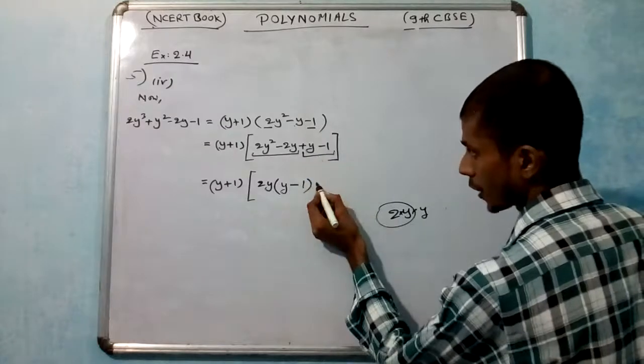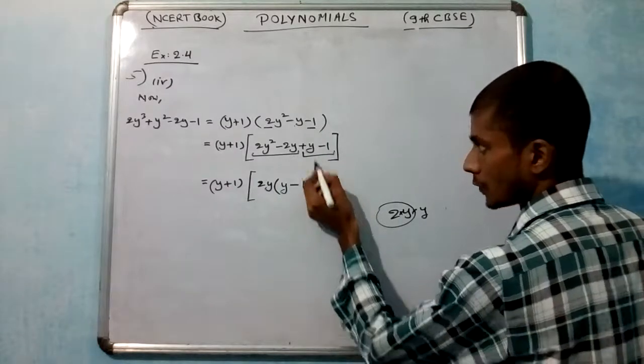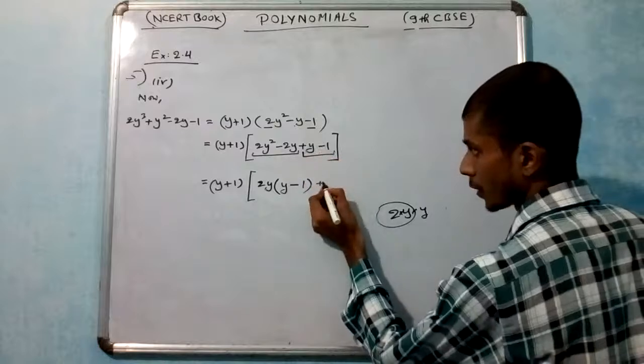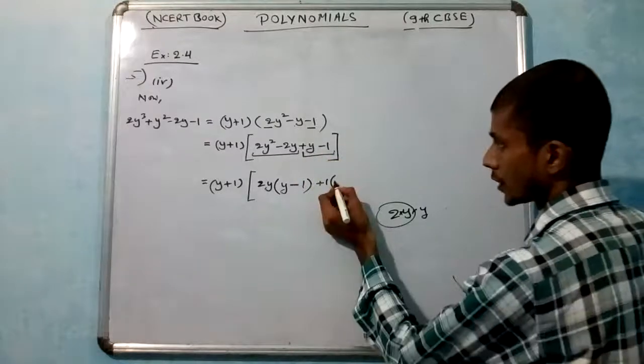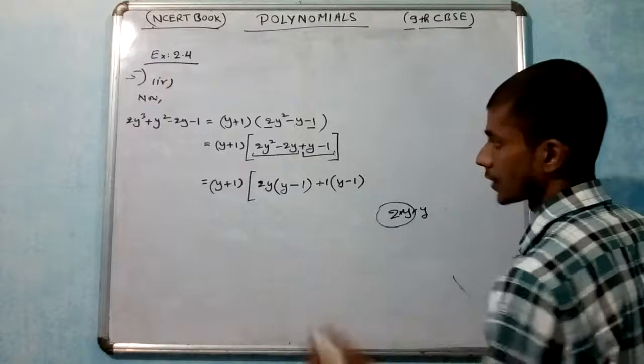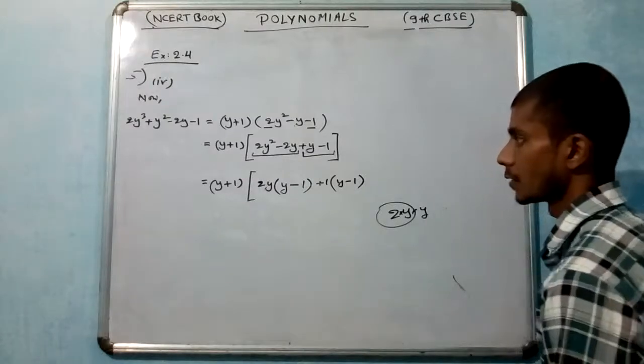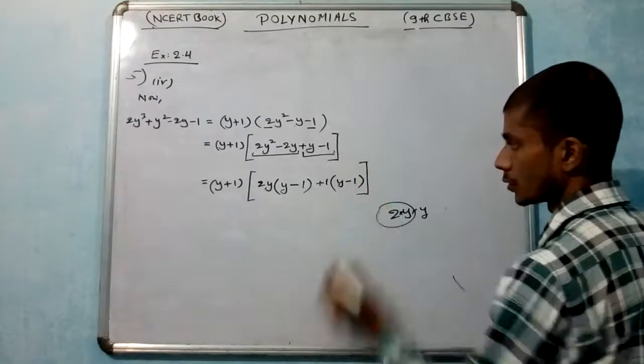If the signs are different, we take minus 1 outside as common. If the signs are the same, we take plus 1 as common. So everything will come as it is inside the bracket. Then bracket close, done.